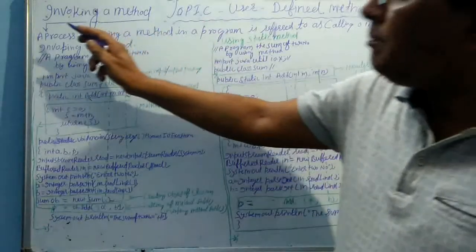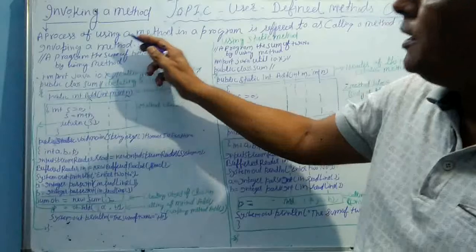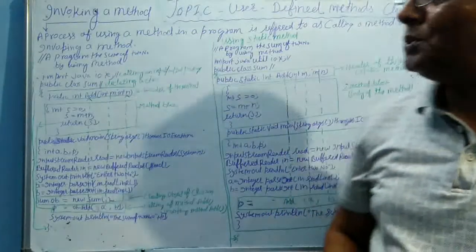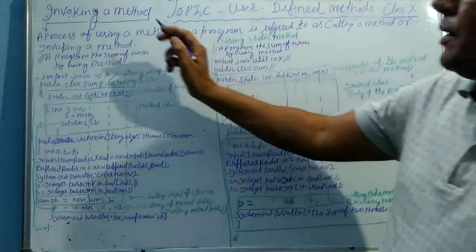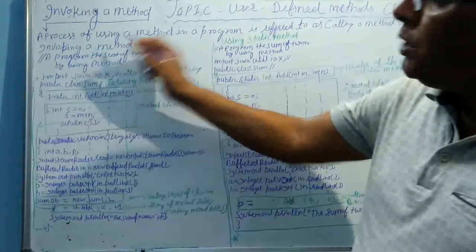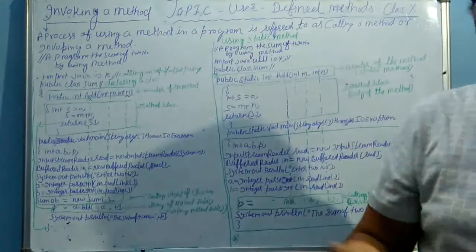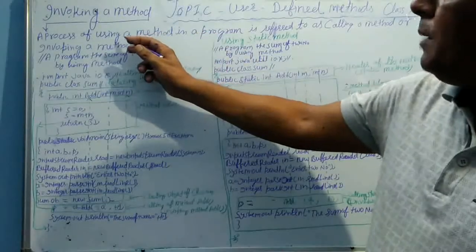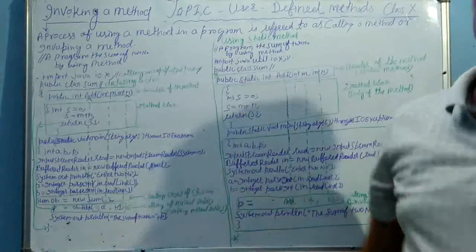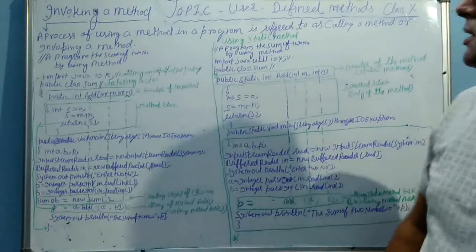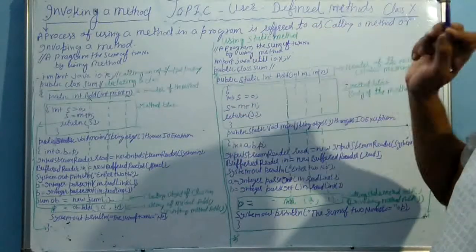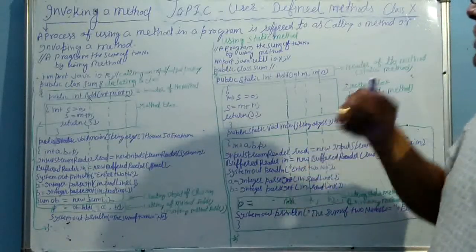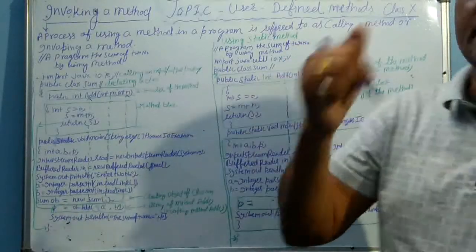In Hindi I will tell you: any process where we use a method in a program is referred to as calling a method. That is what we call the calling method.